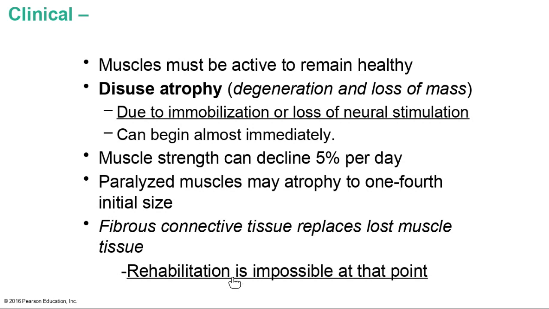The sooner and the more frequently they do that, the more likely they are not going to experience, or will experience to a lesser degree, this atrophy or loss of muscle mass. And of course, if scar tissue develops, if fibrous connective tissue replaces the damaged muscle, then we cannot do rehabilitation. If there's scar tissue there instead of muscle tissue, there's nothing there to stimulate.